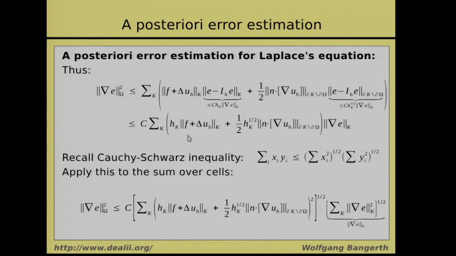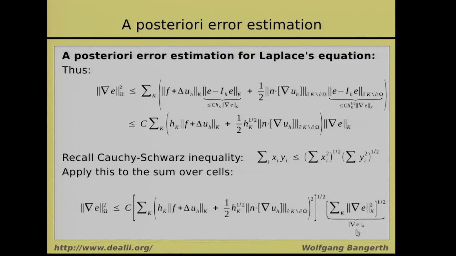So I have a sum over all cells K, and if I apply this, I'm going to get something like this: the square root of the sum of the cell residual plus the edge residual squared, times the sum over the cells of the gradient of e on the cell K squared, to the 1/2. Well, that turns out to be exactly the gradient of e squared integrated over the entire domain, square root. So that's the H1 semi-norm of the error, right? That's really convenient because that's what I have on the left side as well, and so I can cancel one of these factors.